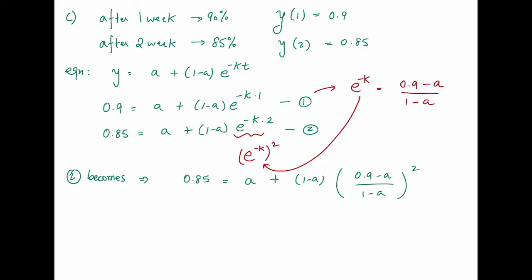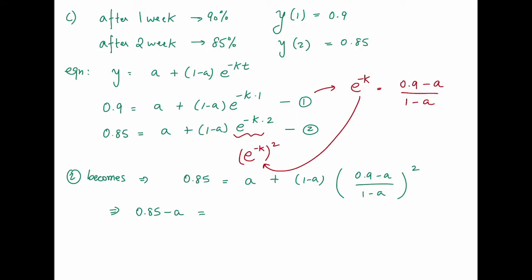Everybody's okay with me up to this point? Everything's cool? Awesome. Now it's our job to solve for a. We can do that very easily. This is algebra, so there are no exponentials here. Let's worry about the value of a. 0.85 minus a must be equal to (1 minus a) times (0.9 minus a) squared divided by (1 minus a) squared.